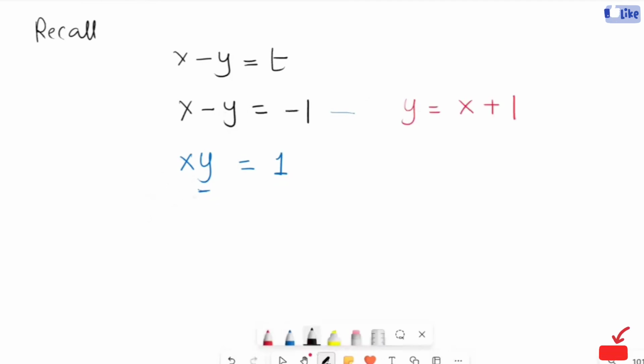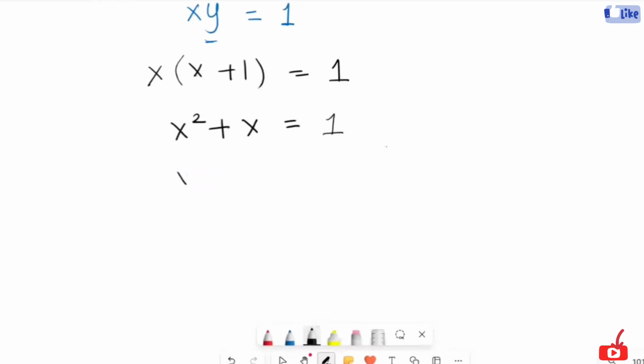Now I will plug in the y value here, so x(x + 1) = 1. Now we're going to expand this equation, so it will turn to x² + x = 1. Next, I'm going to take this 1 to the left-hand side, so this will turn to a quadratic equation.